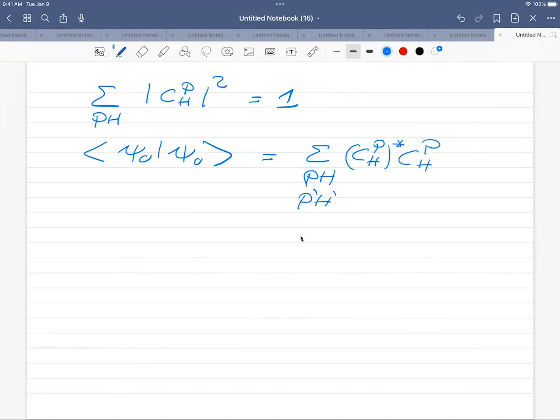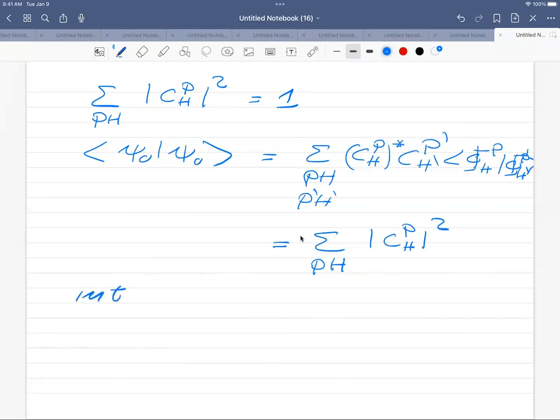And then I have all these states where I have phi of HP multiplied with phi of H prime P prime. So we're assuming that this is an orthogonal basis. And that simply reduces to the sum over pH of my C_HP squared, because I have assumed that the basis is an orthogonalized basis, an orthogonal basis. Now, there's something which is common to use in many body physics, and it's called intermediate normalization.